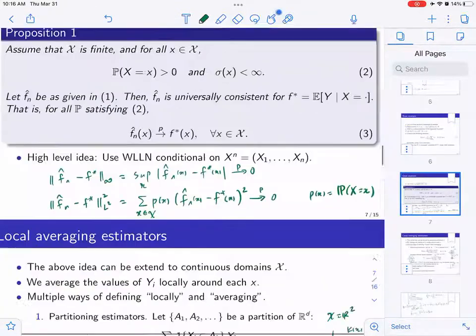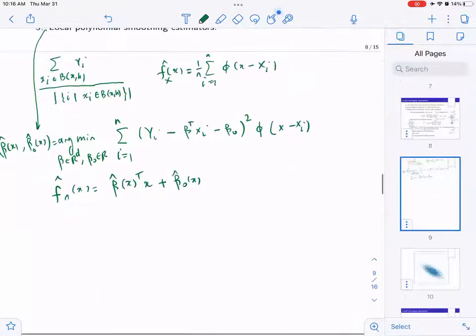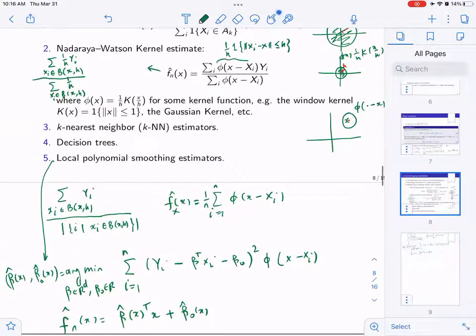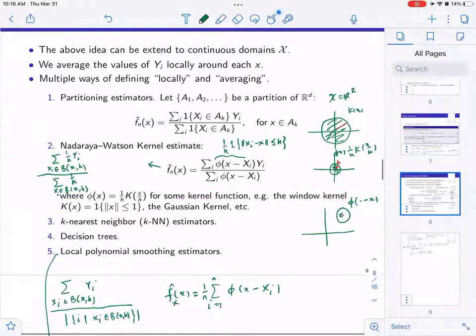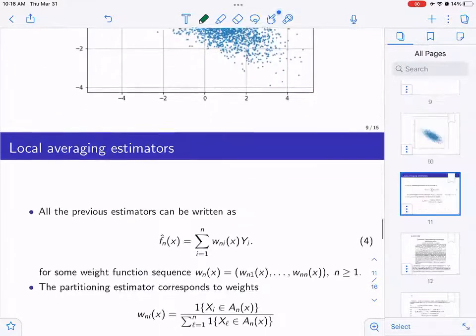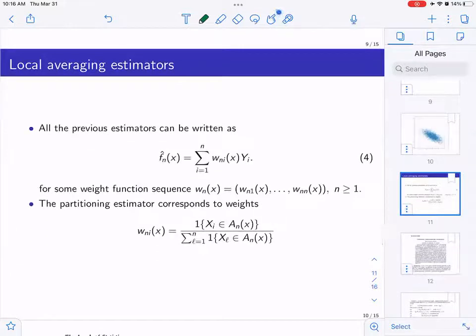So what else should we talk about? There's another thing I want to talk about. All these estimators can be written in a simple form, like this. A general local averaging estimator is an estimator which can be written like this for a sequence of weights.